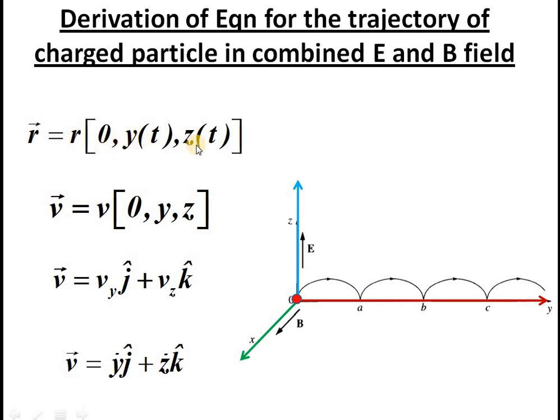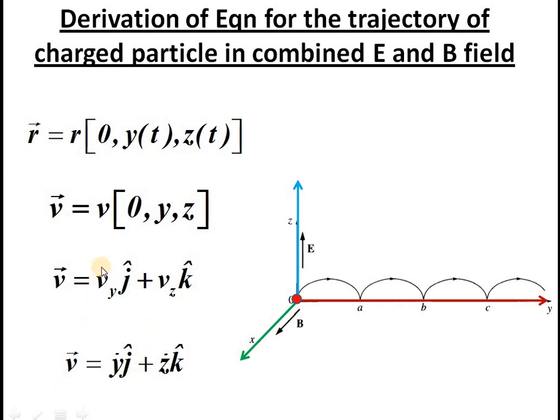So velocity is also in the yz plane, so you can write velocity as v of 0, vy, vz, because there is no x. So we have a vy component and a vz component. The velocity vector is vy j cap plus vz k cap. j cap and k cap are the unit vectors. As you know, i, j, k are the three unit vectors, and here we need only j cap and k cap.